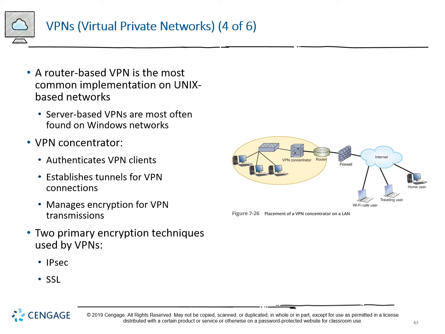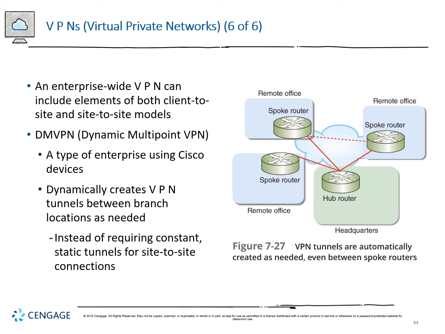These authenticate our clients and establish tunnels, as well as manage encryption. VPNs tend to use 2 primary encryption techniques, SSL and IPsec. An enterprise-wide VPN can include elements of both client-to-site and site-to-site models. We can see here the difference between a dotted line connection and a solid line connection, referring to site-to-site and client-to-site.